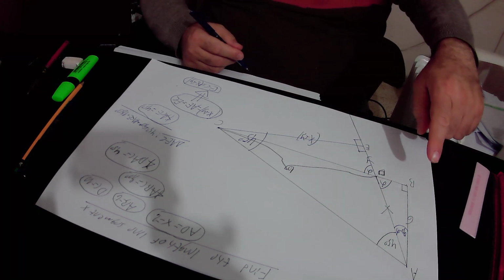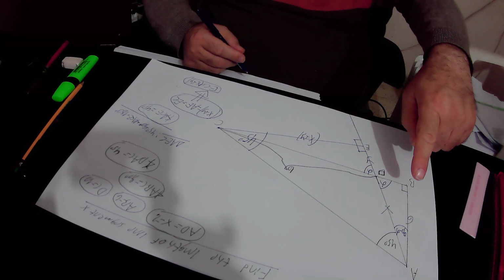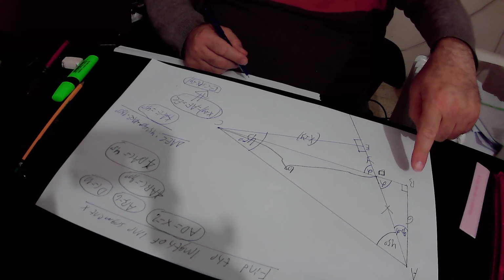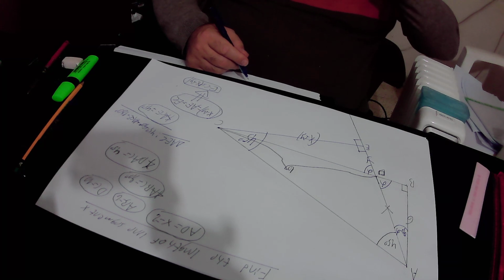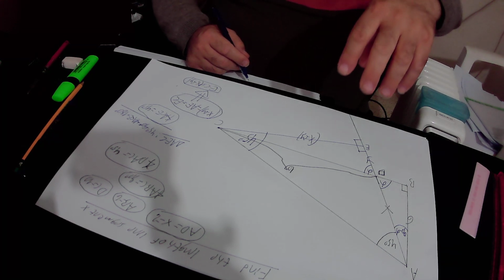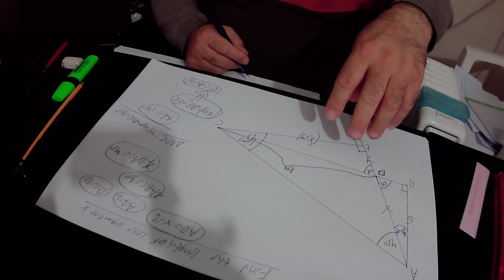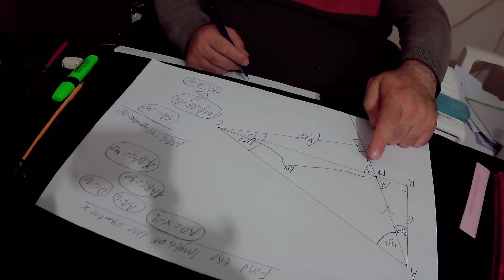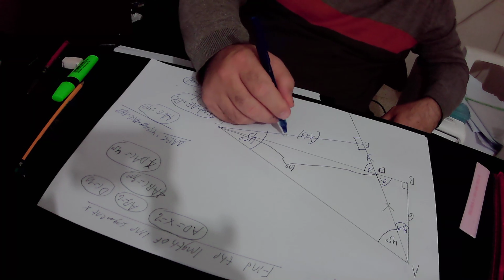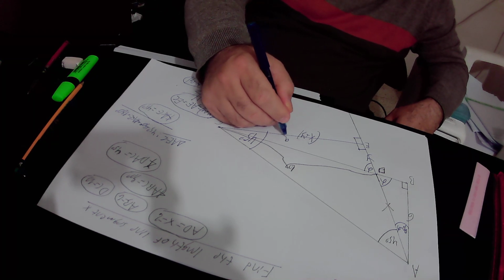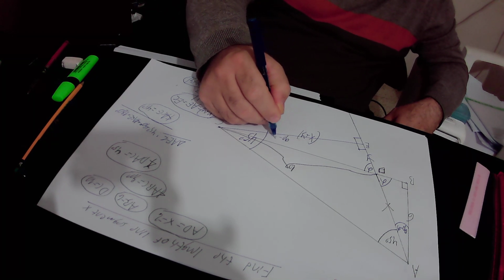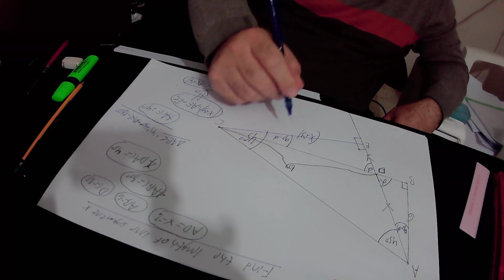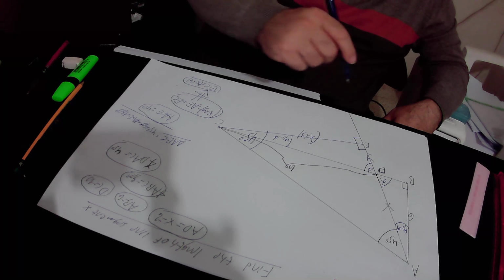So here we get that 90 degrees minus alpha plus alpha is 90 degrees, and 90 degrees plus 90 degrees is 180 degrees. Likewise, in the right triangle DEC, this angle equals alpha, so this angle must be equal to 90 degrees minus alpha in order to complete the sum of the angles in the right triangle DEC to 180 degrees.